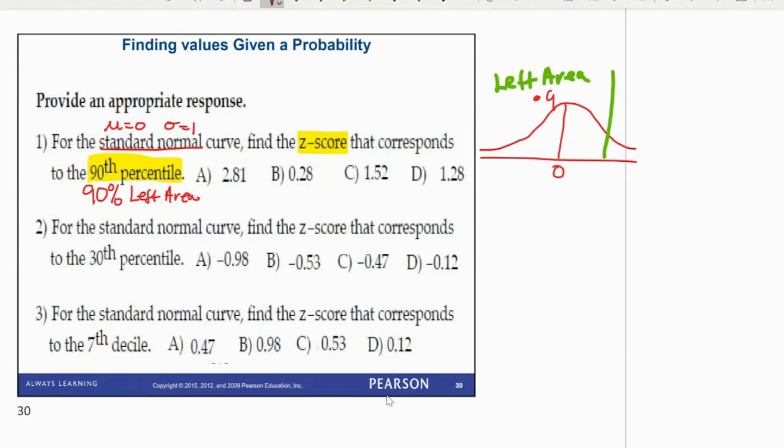So the z-score we are looking for will be inverse norm 0.9, 0, 1. And someone work this out and tell us the answer.